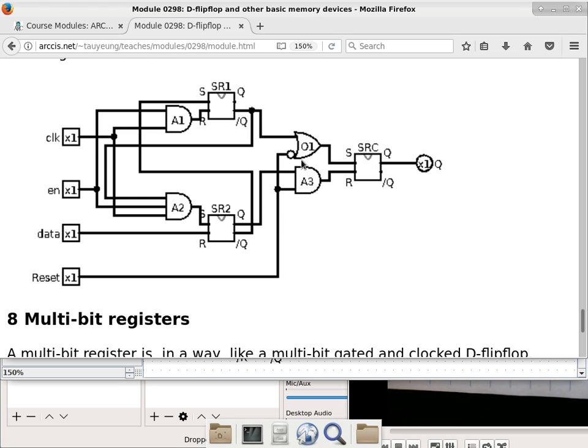The negation of reset is a 0, and blah blah blah or 0 is just the original thing, because 0 or false is the identity of disjunction. So by using the gates O1 and A3 the way we do, when reset is a 1, it functions just like before. Nothing has changed. But when reset is low, we actually reset the content of the final stage SR latch.